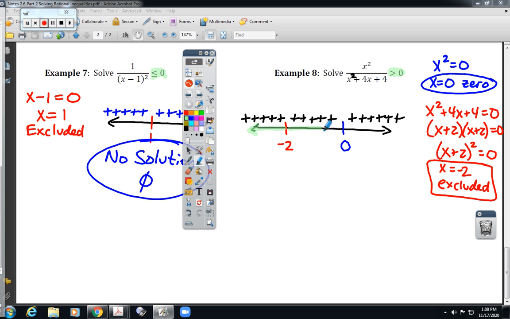Then from negative 2 to 0, but 0 is not negative or positive. 0 is 0, so that's not included. And then from 0 to positive infinity. So when we write this out in interval notation, this piece is written as negative infinity to negative 2, not including negative 2. The piece in between is written as negative 2 to 0, and the piece above is written as 0 to infinity.